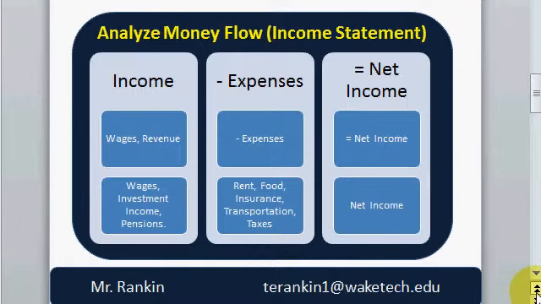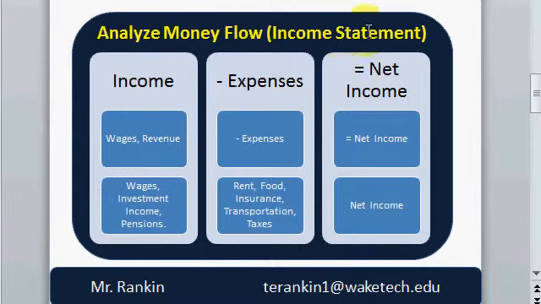In addition to analyzing our net worth, we want to analyze how much money comes in and out of our life on, say, a monthly basis. Well, we would take our income, which for most of us would be our wages, minus all of our expenses, would give us our net income, or what the book calls income available for savings.